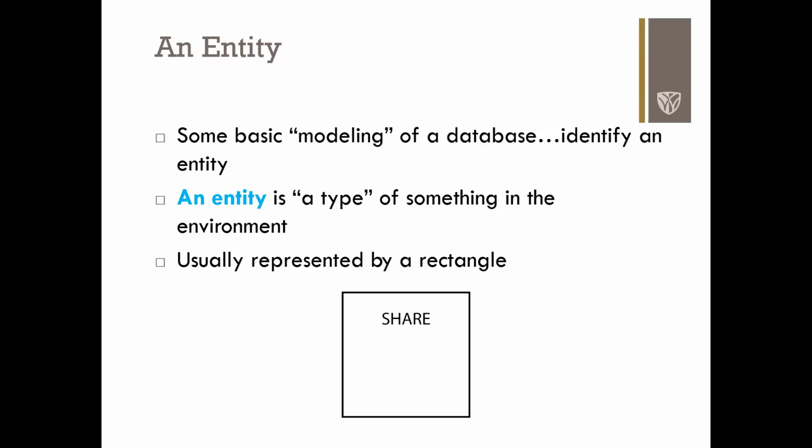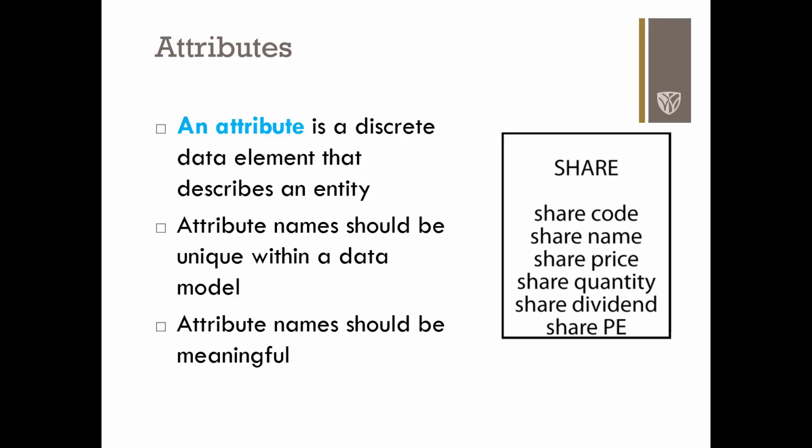In terms of our data modeling, which we'll be spending more time on later, we can represent an entity by a rectangle or a square. So in this example, we've got an entity called share, which would possibly be a share issued by a publicly traded company. An attribute is a fact about an entity, or a data element that describes an entity.